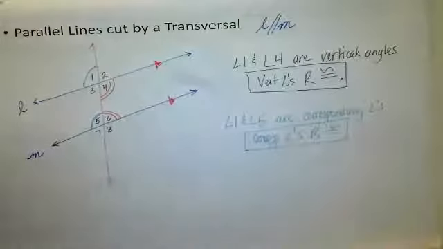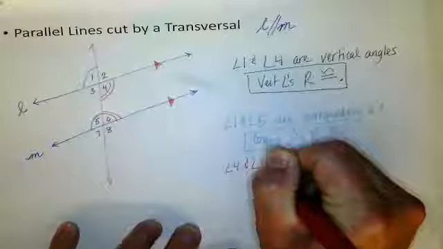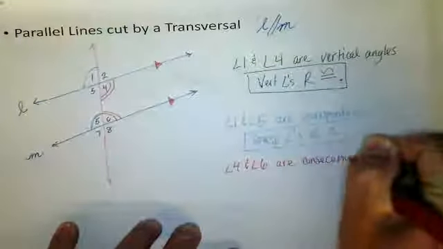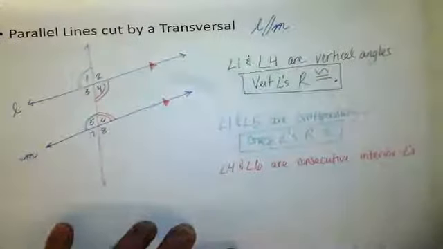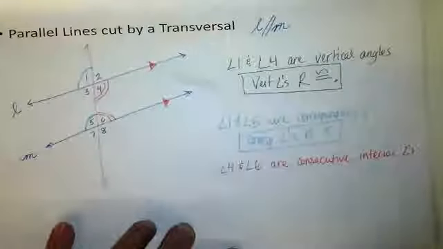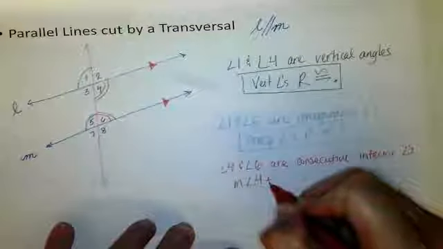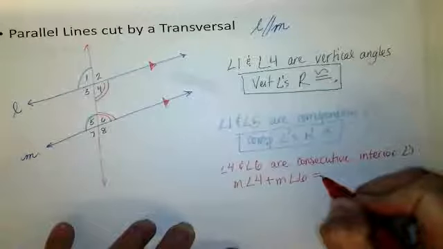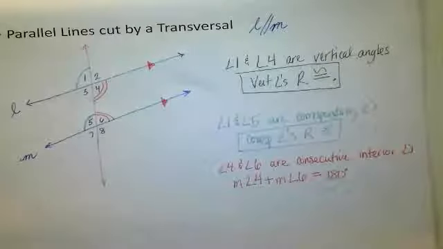Some books call them same side interior. I learned it as consecutive interior angles. And what do you know about consecutive interior angles? They're supplementary. Very good. So the measure of angle 4 plus the measure of angle 6 should equal what? 180 degrees, because supplementary means 180 degrees.